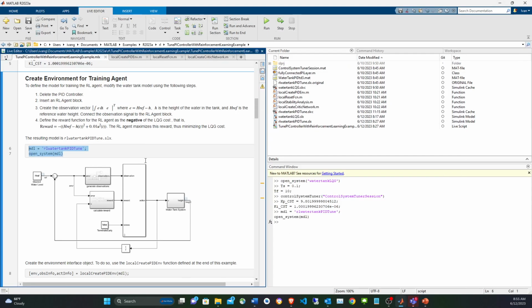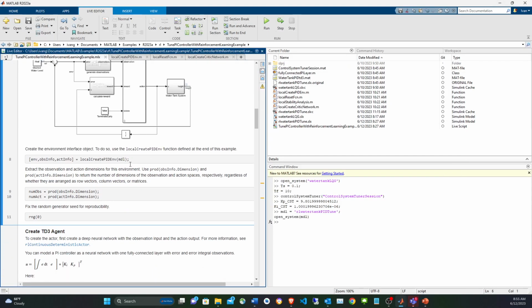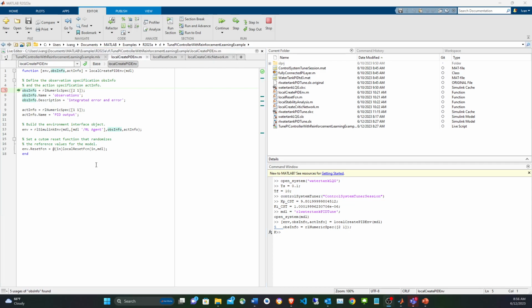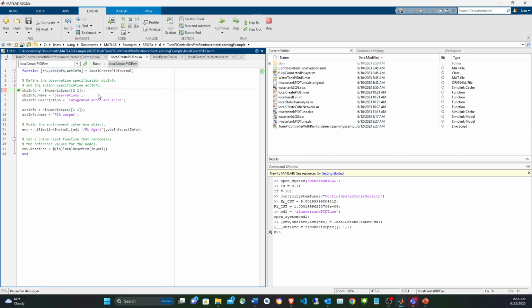So let's create the agent, and first create the environment, and we have this function from the example. In here we always have to specify the interface between the agent and the environment. The observation, in this case, has two elements, both of them continuous, and the action is scalar, which is the flow of water, and is continuous as well.